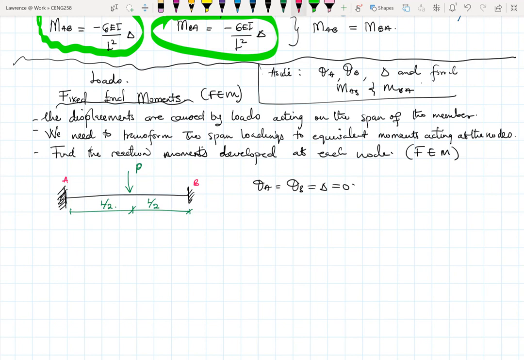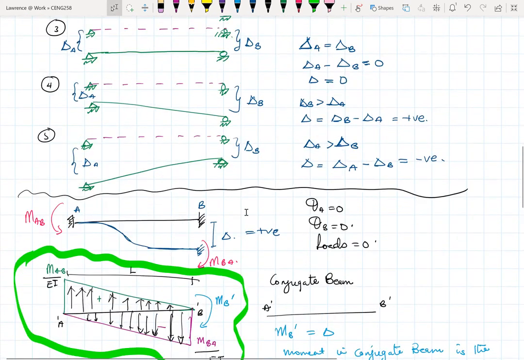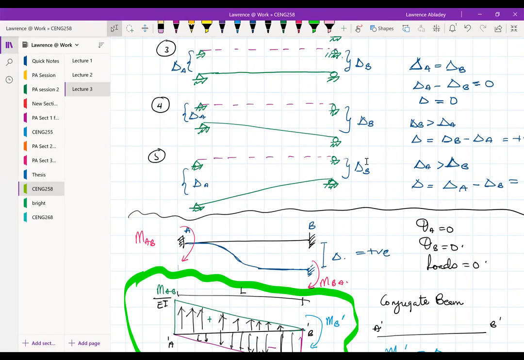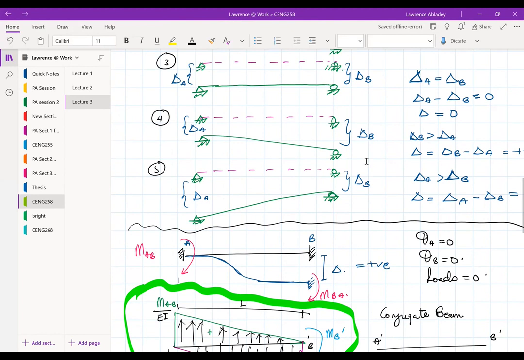I need to find this moment, MAB. Hopefully, let me see if I got it right. Oops, I made a mistake here. Please, let's correct this. All the moments are clockwise. Let me just check to make sure that that's what I did for the others.